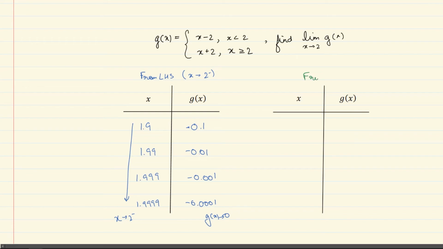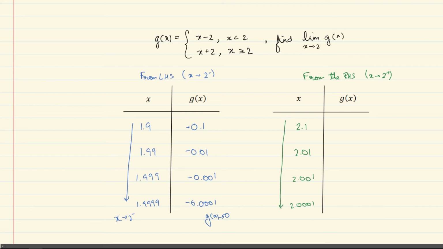Now, from the right-hand side, as x approaches 2 from the right, we can plug in the values 2.1, 2.01, 2.001, and 2.0001.